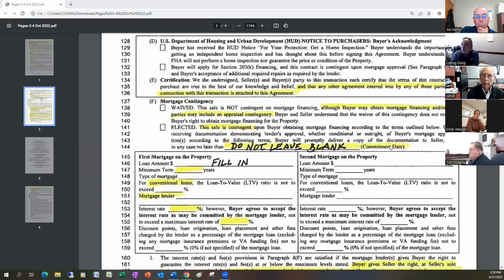And shame on me for not catching it before we went under contract, but it kind of worked to our advantage. And I just sent the seller a termination notice that said he's backing out because he did not receive documentation, okay, a commitment letter. We did give the deposit money back to the buyer, right, because the seller's terminating.